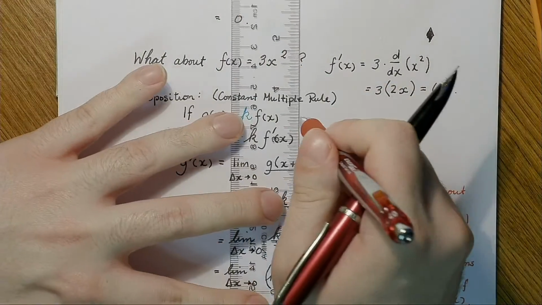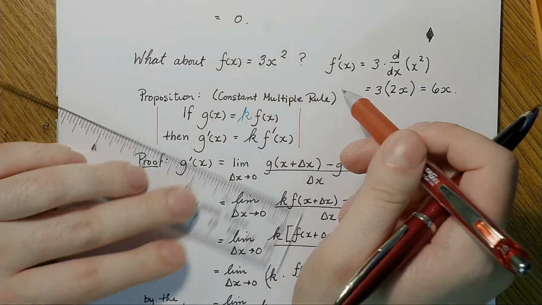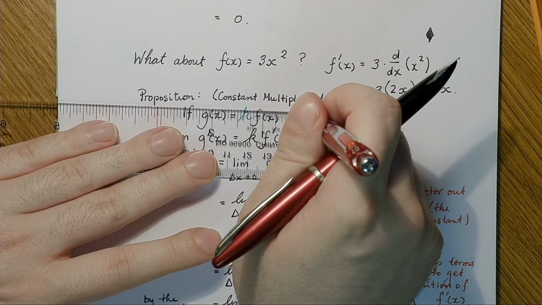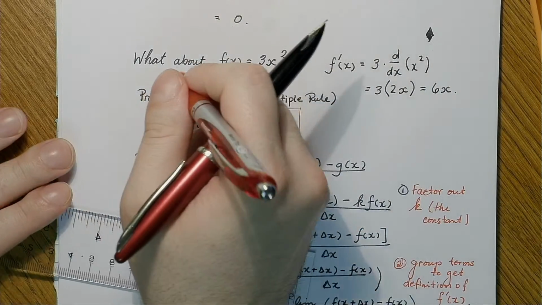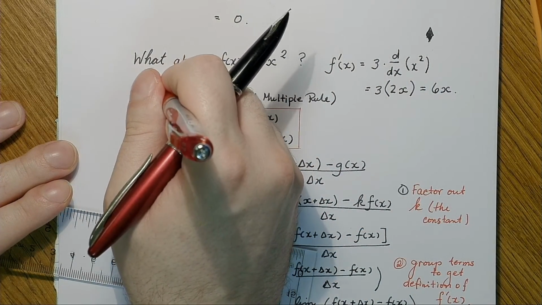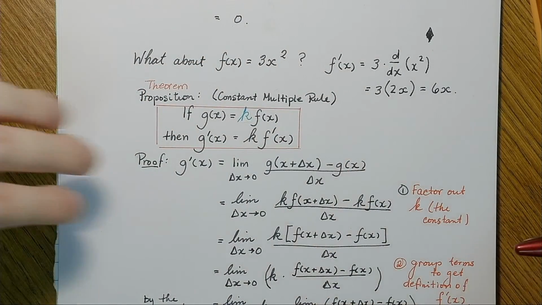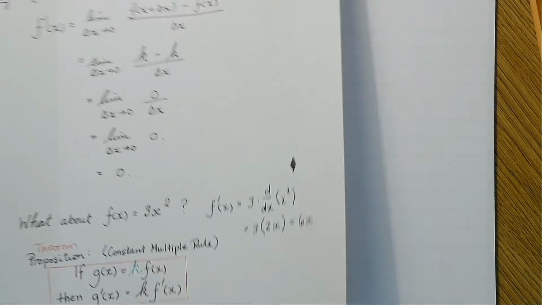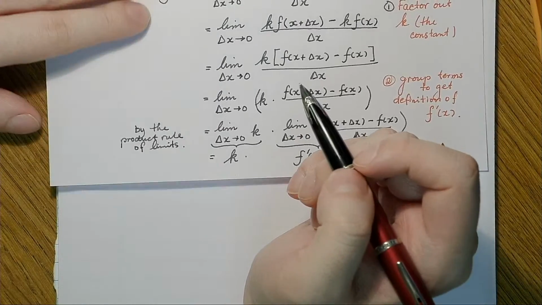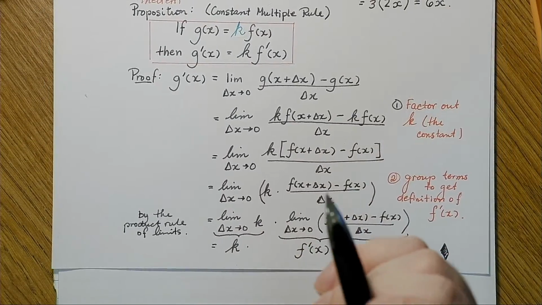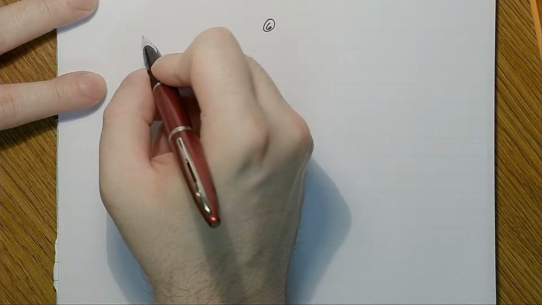Let me put a box around that, because we've proven it now. It's not a proposition anymore, it's a theorem. Perfect. So let's do an application of that. Let me just write that out up here.